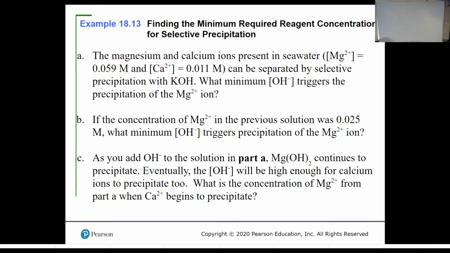Okay, we'll start there. Just going to write down some of these values. Okay. And we're doing selective precipitation by adding OH-.